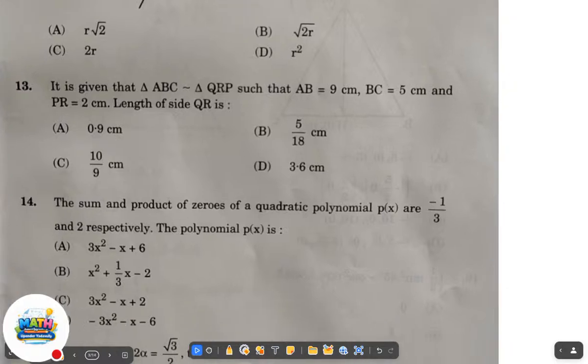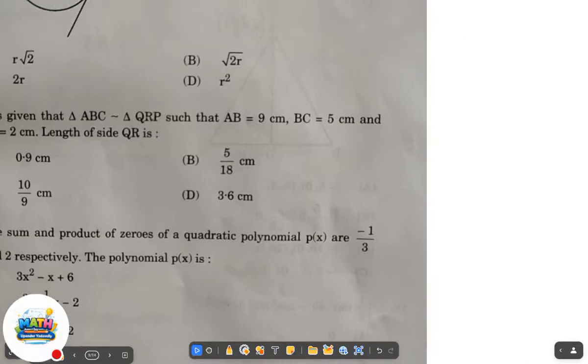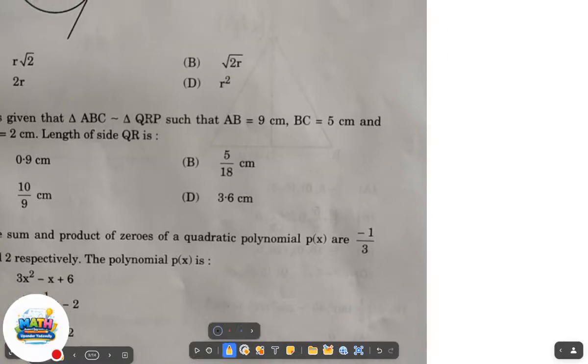Next question. It is given that triangle ABC is congruent to, say, similar to triangle QRP, such that AB is 9, BC is 5, and PR is 2 cm. What is the length of side QR? Let's draw the similar triangles. What is given?